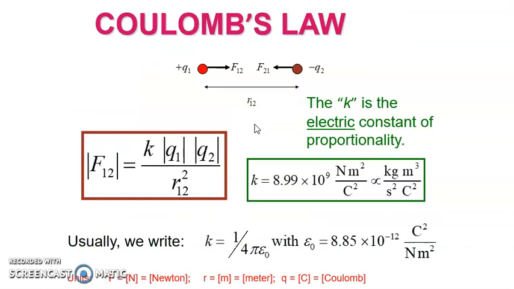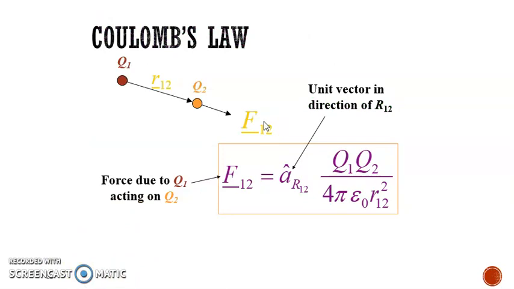So we can write Coulomb's law as: the magnitude in both cases is equal to K into Q1 Q2 divided by R square, where K is known as the electric constant or the proportionality constant, and we use this law for finding the force between two charges.